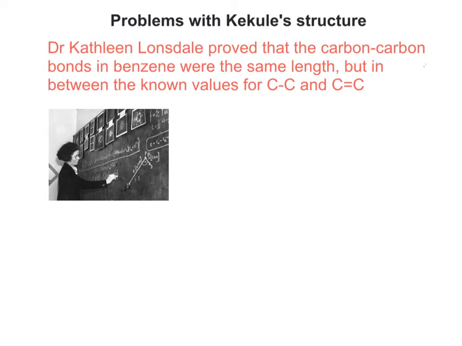If you take a carbon-carbon bond, like so, it has a certain length due to the attraction between the nuclei of the carbon atoms and the bonding electrons. A carbon-carbon double bond is shorter because there's more attraction.